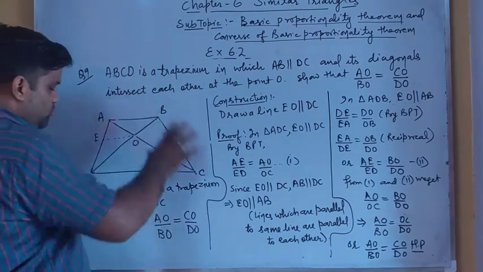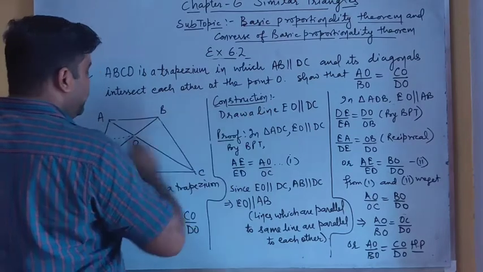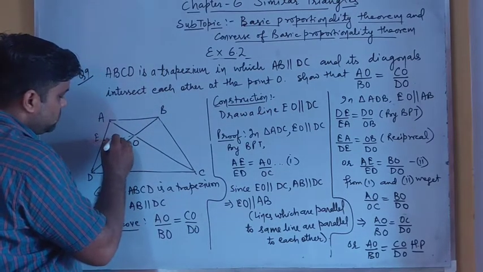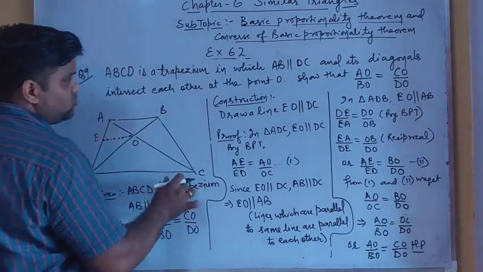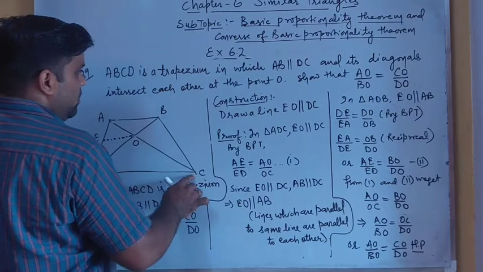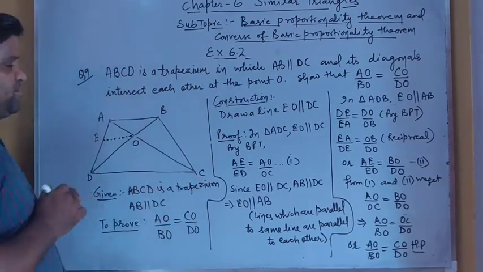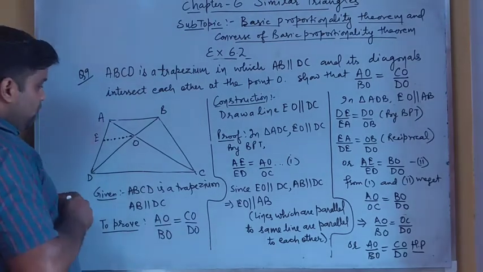So to prove this result, here we do a construction. Here we draw a line EO which is parallel to DC. Now let us come to the proof of this question.